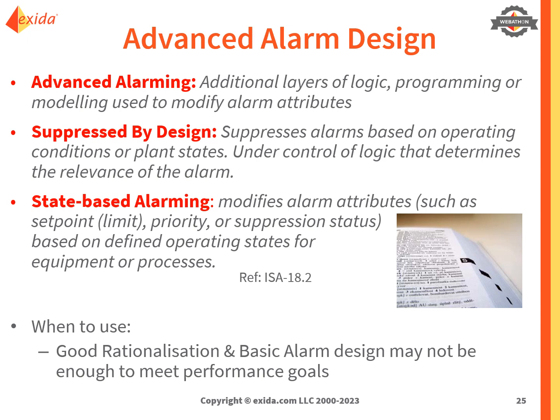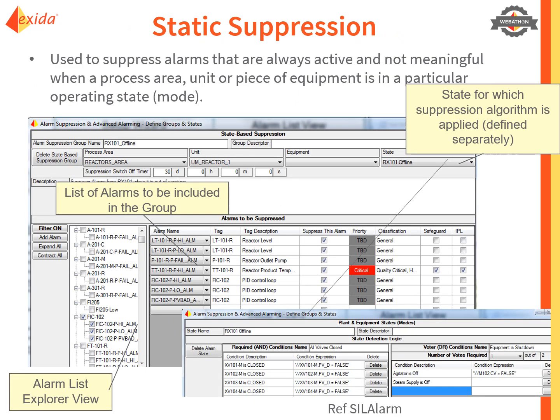You can use state-based alarming, or dynamic alarming, that modifies an alarm attribute such as a set point, and that's based on a defined operating state for equipment or processes. In this example, the alarm's actually suppressed, and that's based on the condition of another piece of plant.